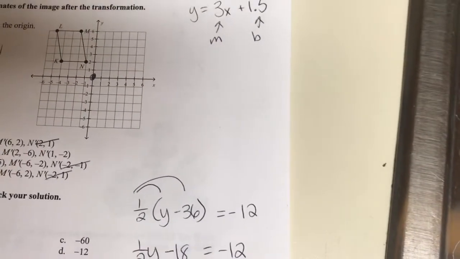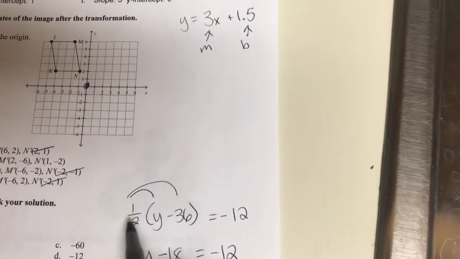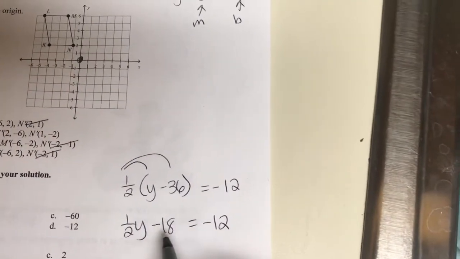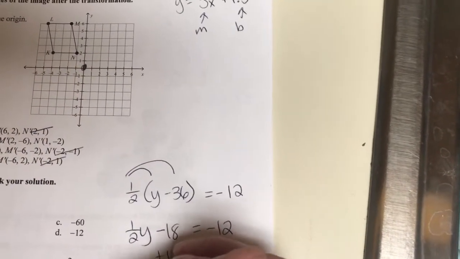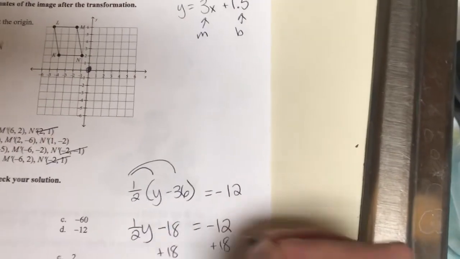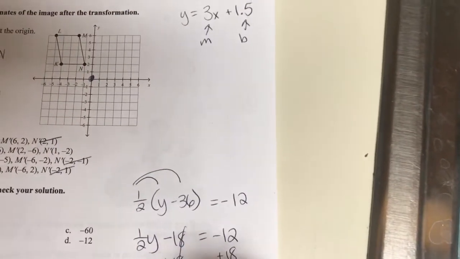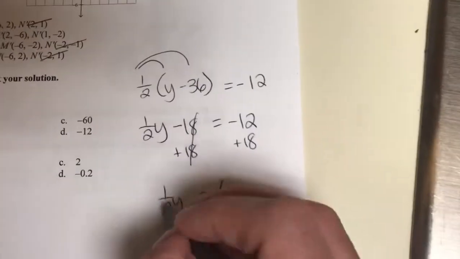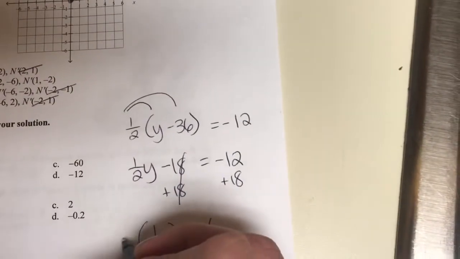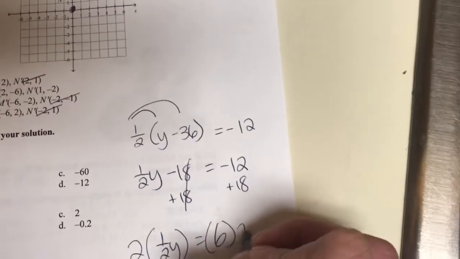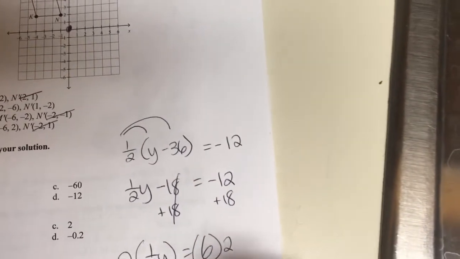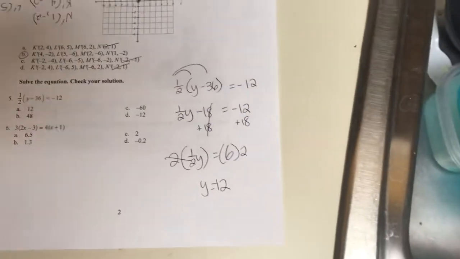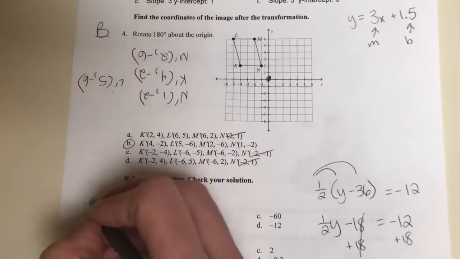A half times y is half of a y. A half times negative 36 is negative 18. Add 18, add 18 gives you 6. And a lot of people might say, divide by a half. I'd rather multiply the reciprocal, thank you very much. And doing that gets me 12. It would be nice if you could see it, huh? Y is 12.